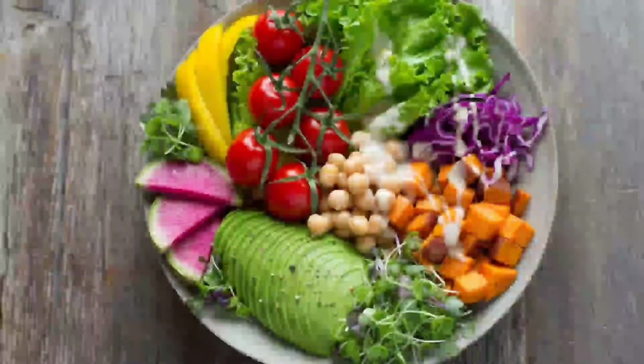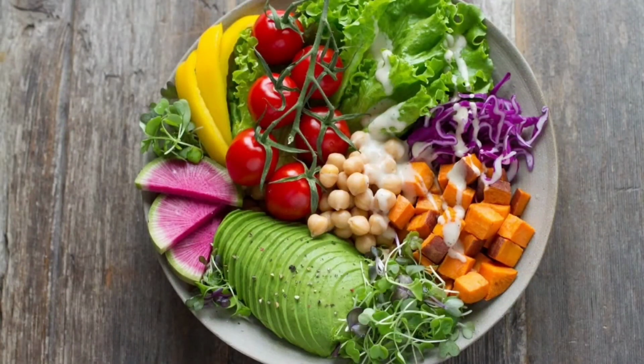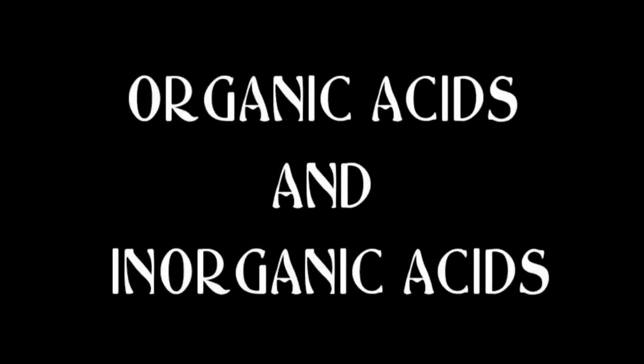Thus, acids are defined as chemical substances which release hydrogen ions when dissolved in water. Acids can be classified into two types: organic acids and inorganic acids, depending on the source.